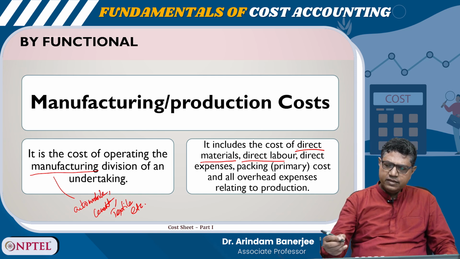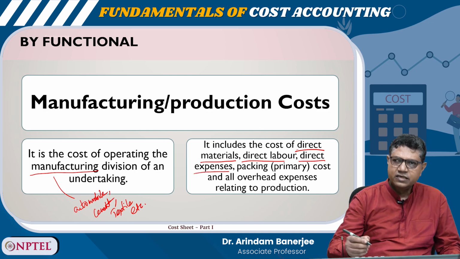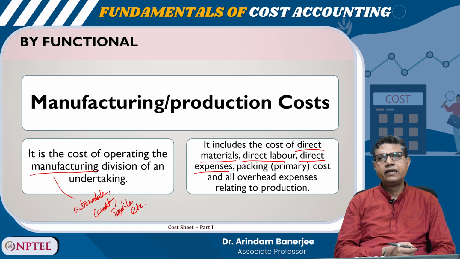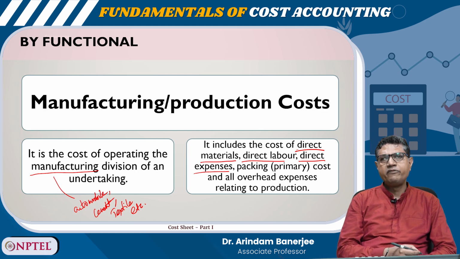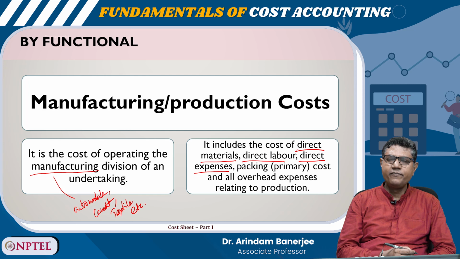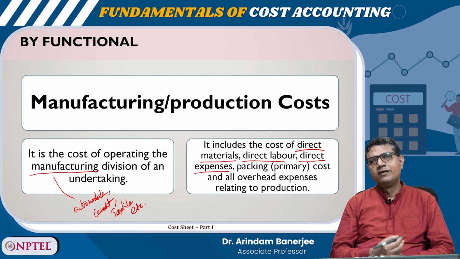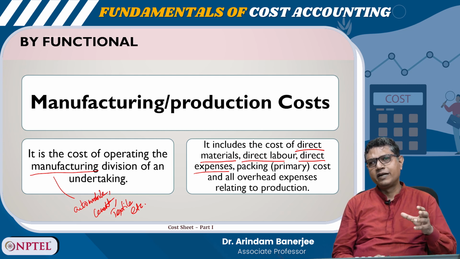Okay. Then there are direct expenses. What can be the example of direct expense? It can be, for example, electricity used for running the gear cutting machines. In an automobile factory, they use computerized controlled machines for cutting the gears.